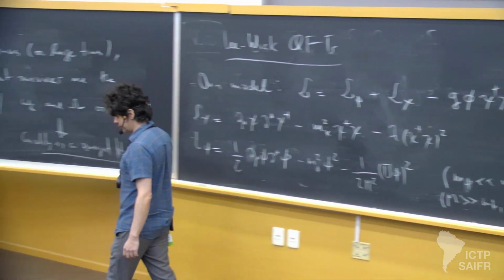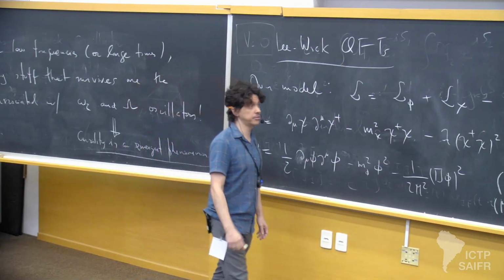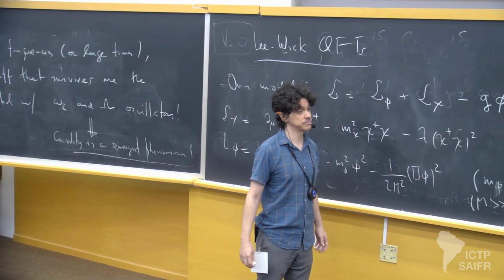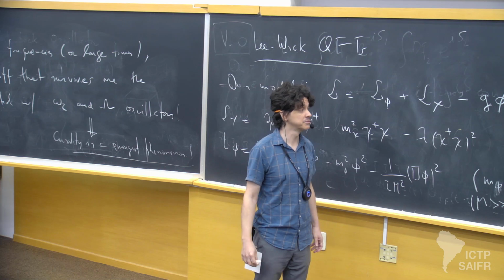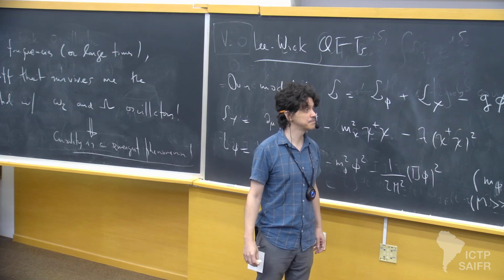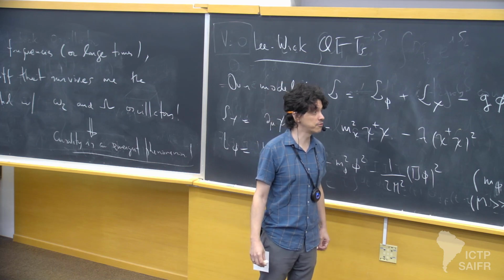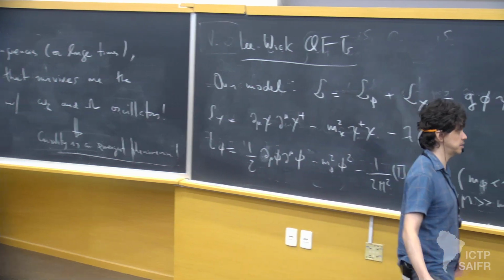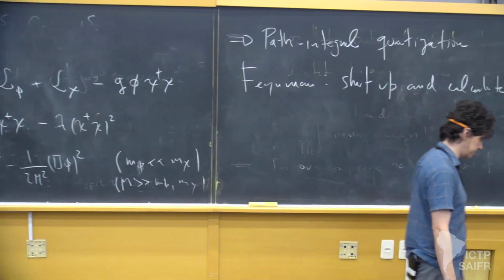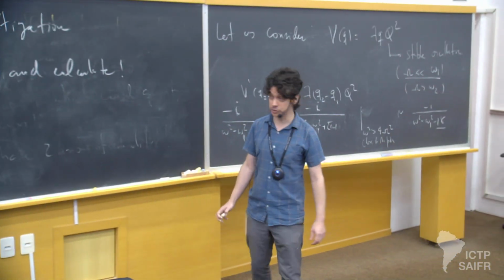So it's exactly the sense in which Feynman, or it's being said that Feynman, prophesied this sentence: shut up and calculate and see what happens. So that's pretty much what we're going to do here.